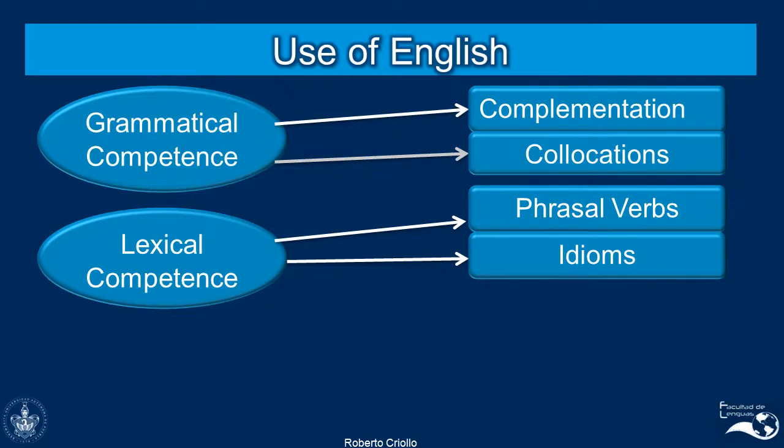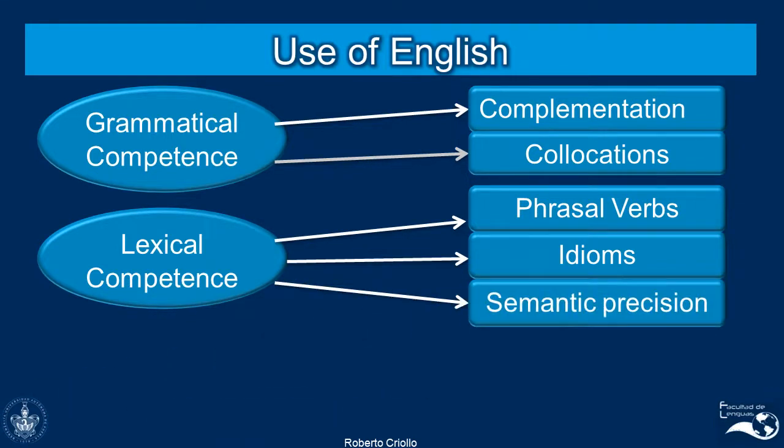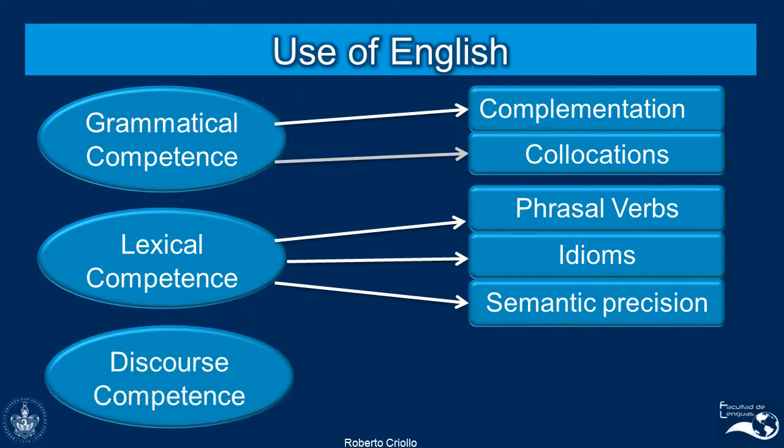Another element that is assessed is the use of idiomatic expressions in English that you should be able to understand the meaning of. And of course, the semantic precision. That means that you have to find the correct word in order to fill a space in a sentence that has the meaning that is intended by the author in the text where the word needs to be added.